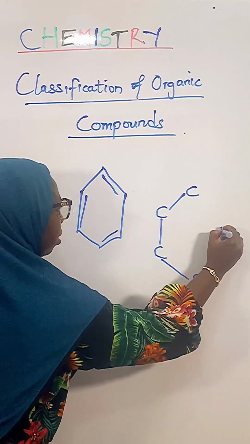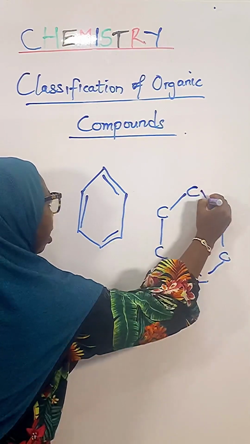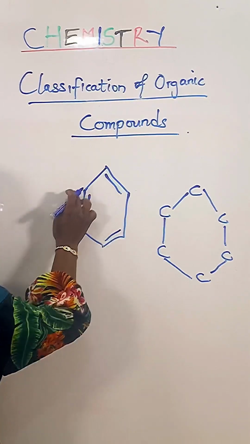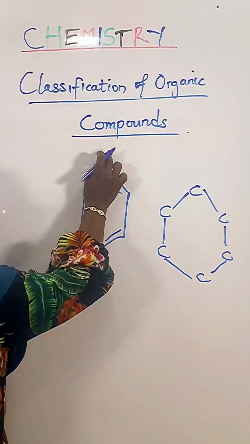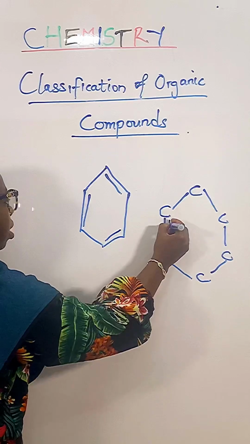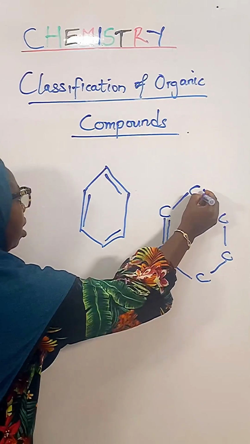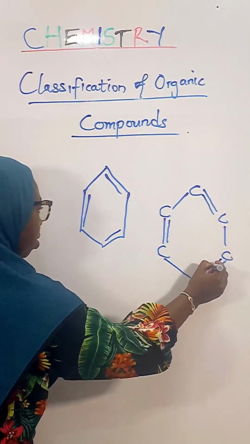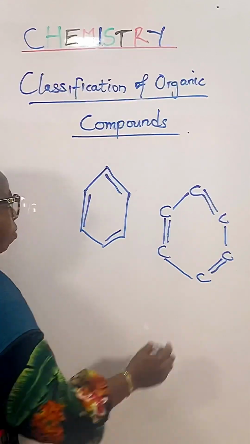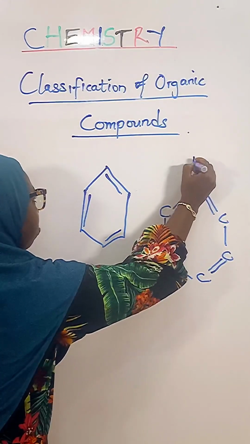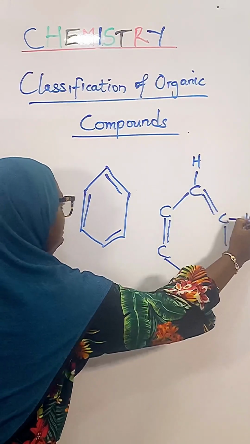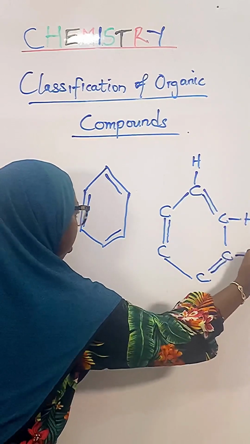Hope you are seeing it. So each point here stands for carbon. Then after that, there is a double bond here, a double bond here, and also a double bond here. Then after that, we have invisible hydrogen atoms all around it.